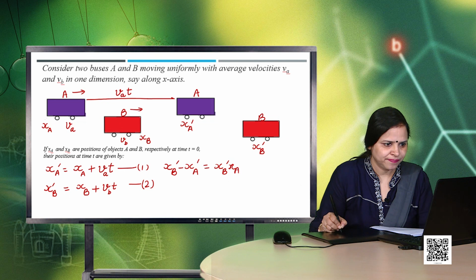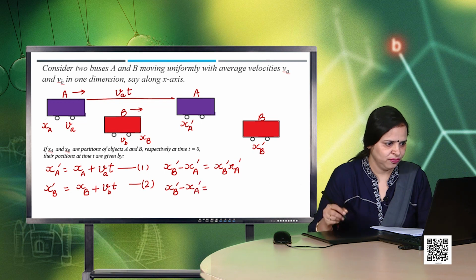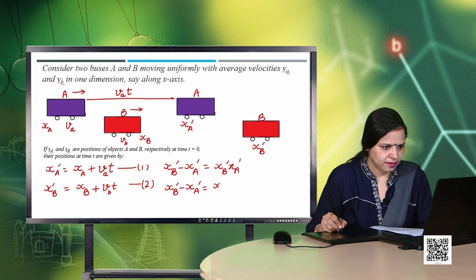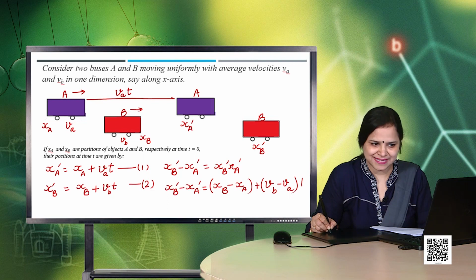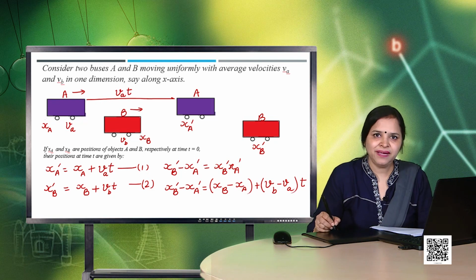If we subtract equation 1 from equation 2, we obtain XB dash minus XA dash equals XB minus XA plus VB minus VA times t.